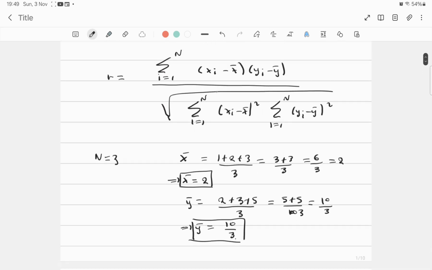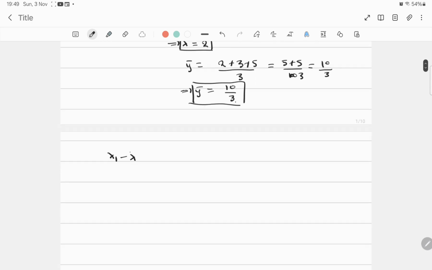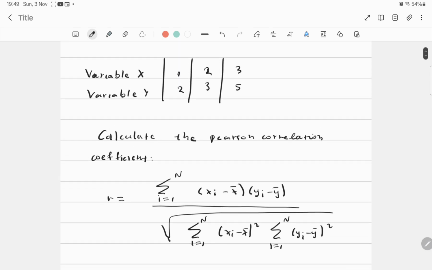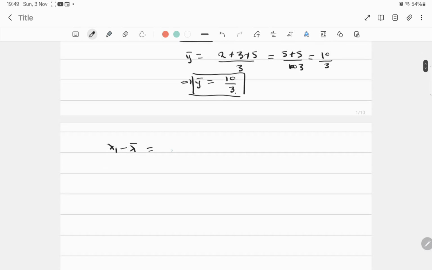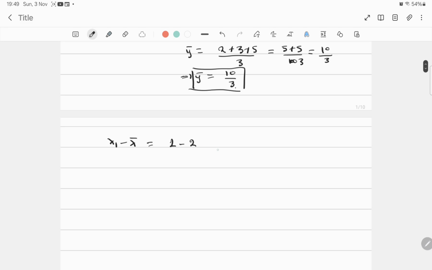Okay, now we need to find what is x1 minus the average value. x1 is 1. 1 minus 2.